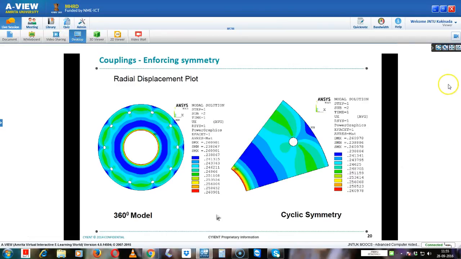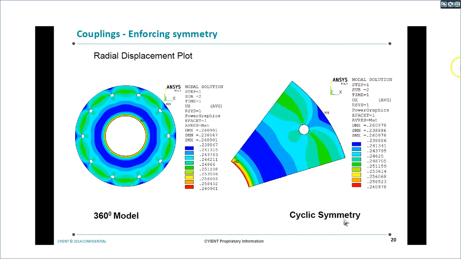When we solve both the 360 degree model and the cyclic sector model, if you see the deflection plot, there is no change. It remains the same. Since it is subjected to angular velocity, definitely there will be a radial growth, and the loading will be more at this inner core, so definitely there will be more radial growth at this location.